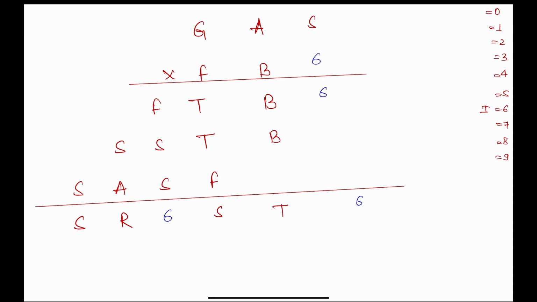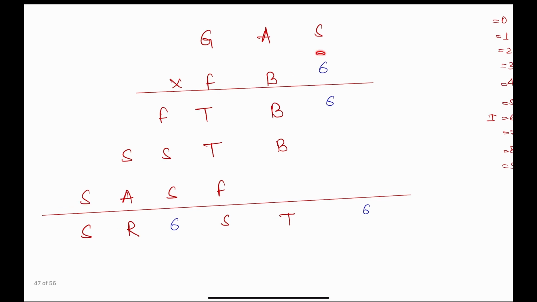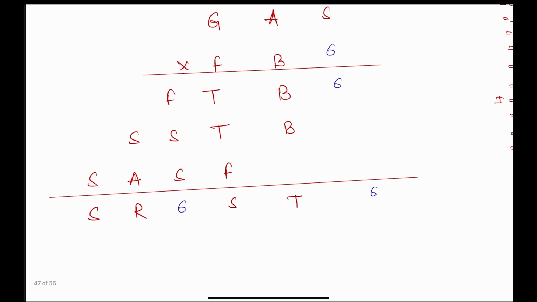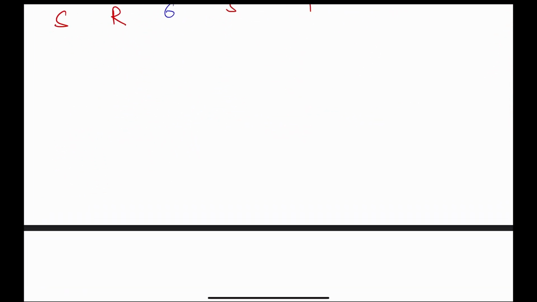One more thing is, now if the hint is given over here, which means we can obviously look for some cues. What I can say is, if some number is multiplied with 6, we are getting 6. So what could it be? What could be the number? It could be 1.